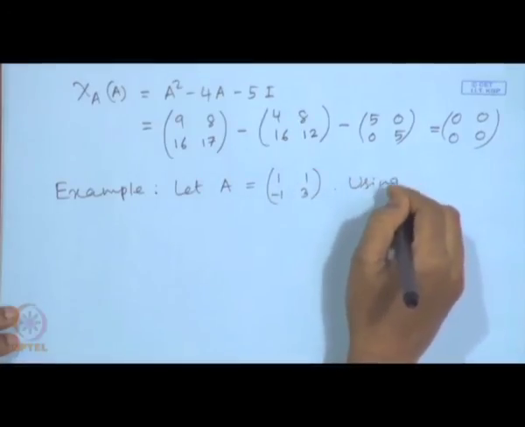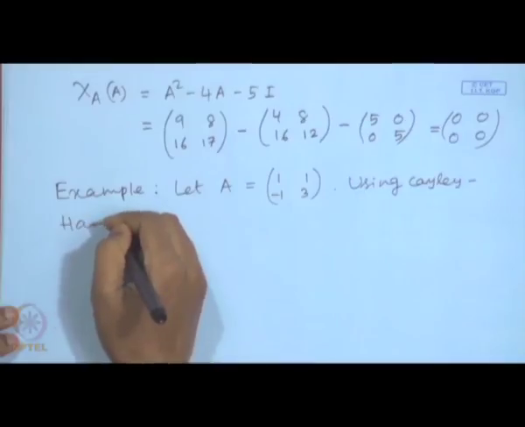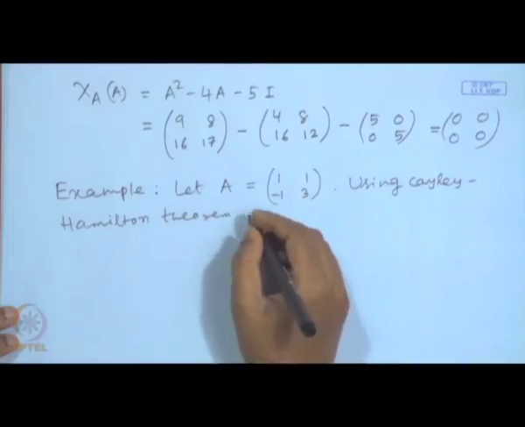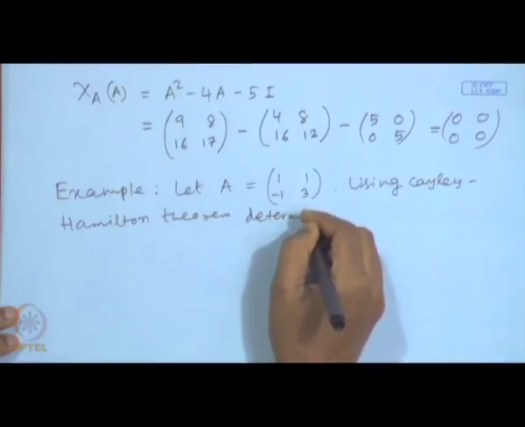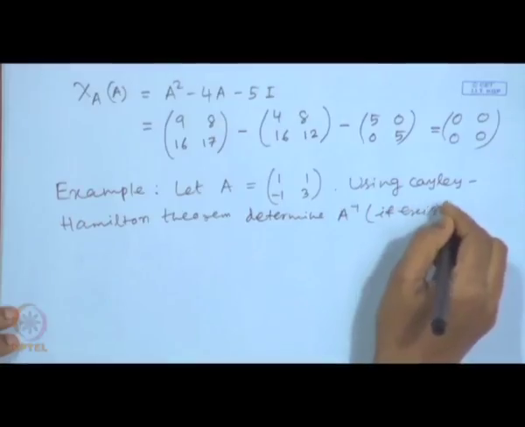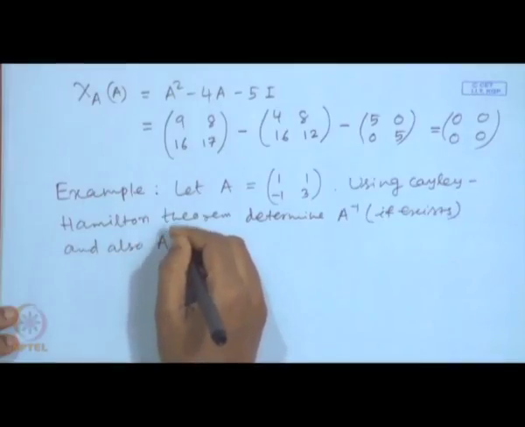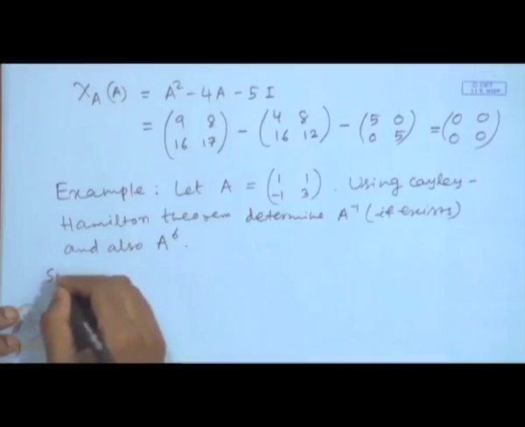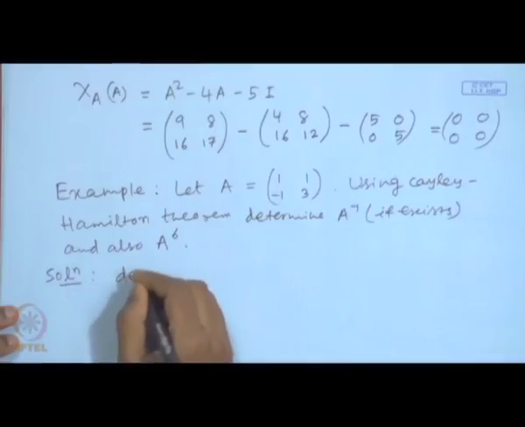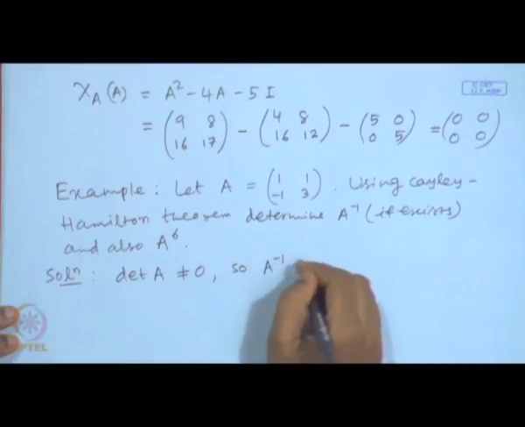Using the Cayley-Hamilton theorem, determine A inverse if it exists, and also the 6th power of A. Note that the determinant of A is not equal to 0. So, A inverse exists.